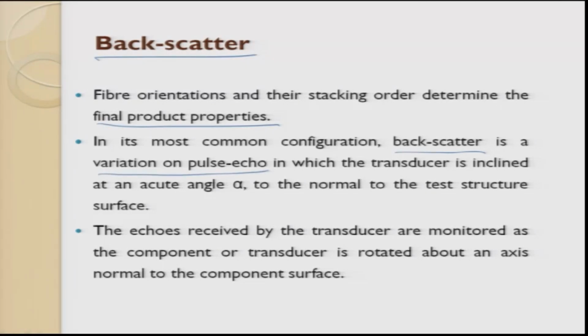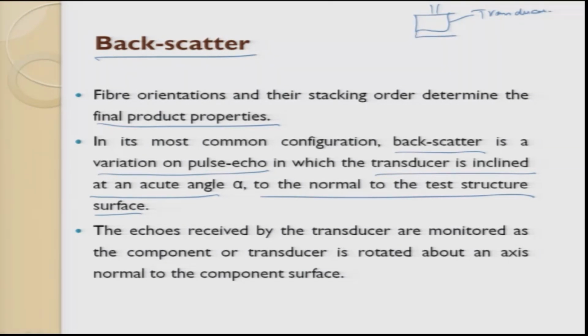It is a variation of the pulse echo type, in which the transducer is inclined at an acute angle alpha to the normal of the test surface. So, what we do is, now we have this transducer, an ultrasonic transducer, and then we try to make a shoe. A shoe can be a solid shoe. Basically the couplant, which I was talking to you about, can be a liquid or a solid.